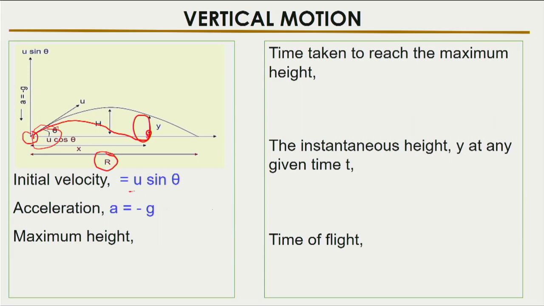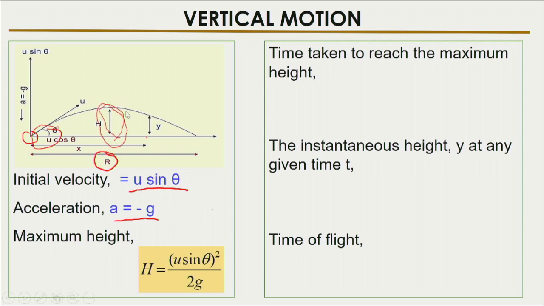This is u sin theta for the initial velocity. a equals negative g. Look at the maximum height, which is the maximum level of this projectile motion.